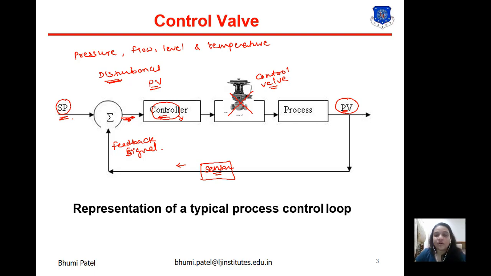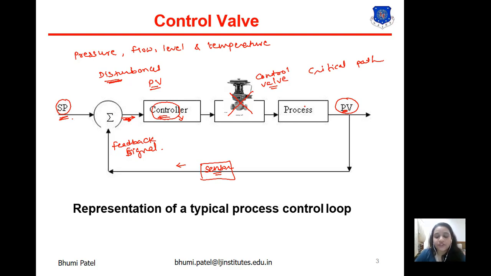So the control valve is a critical part of the control loop. Now some people who talk about the control valve are really referring to the control valve assembly. The control valve assembly typically consists of a valve body and the internal trim parts.